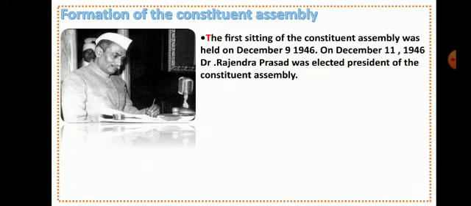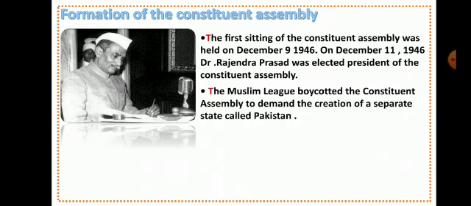It was held at the present Central Hall of the Parliament and was presided over by Dr. Sachidananda Sinha, the oldest sitting member of the Central Assembly. Afterwards, on December 11, 1946, Dr. Rajendra Prasad was elected as the President of the Constituent Assembly.